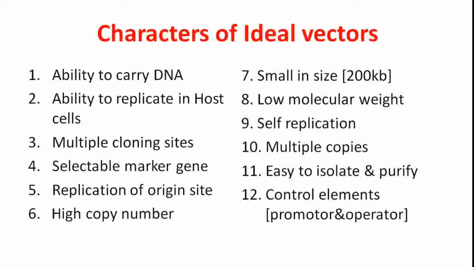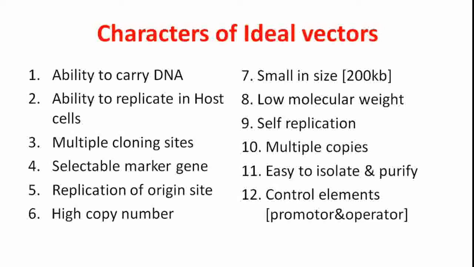Let's see the characters of an ideal vector. How to select an ideal vector? In gene cloning, we need to select the right vector for transfer of genes. So what are the characters of an ideal vector? First of all, the cloning vector must be able to carry the DNA fragment, and it must be able to replicate in the host cell.